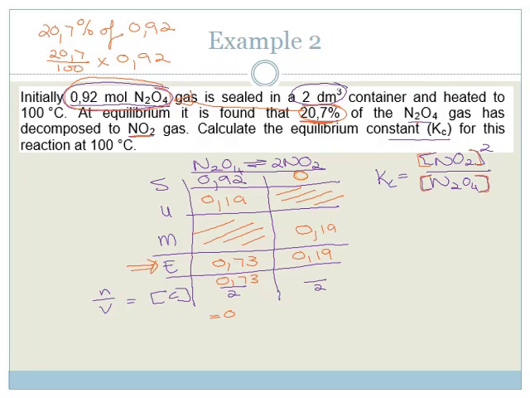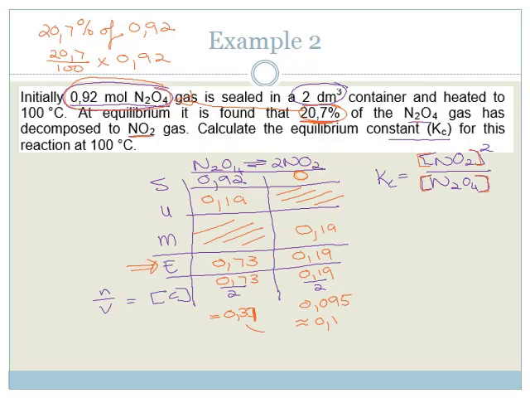So that becomes 0.37. That's our concentration. And then we've got 0.19 divided by 2, which is actually 0.095, which rounds up to 0.1.